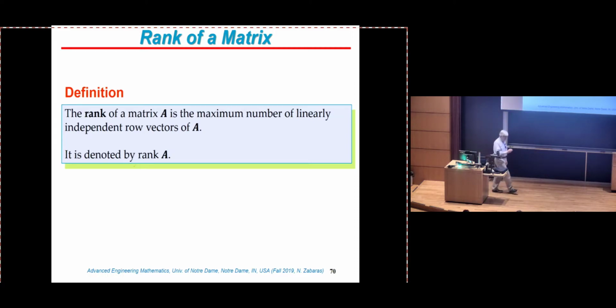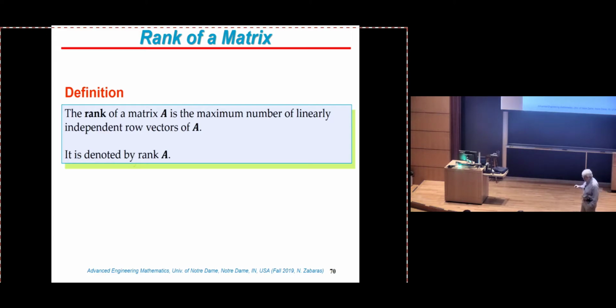So for now, with not many questions about it, we define the rank of a matrix to be the maximum number of linearly independent row vectors of A. We take this as our definition. You look at the matrix, it doesn't matter if it's square or 3 by 5, and you look at how many independent row vectors we have.